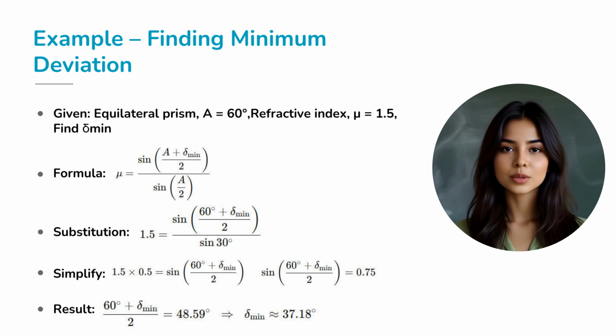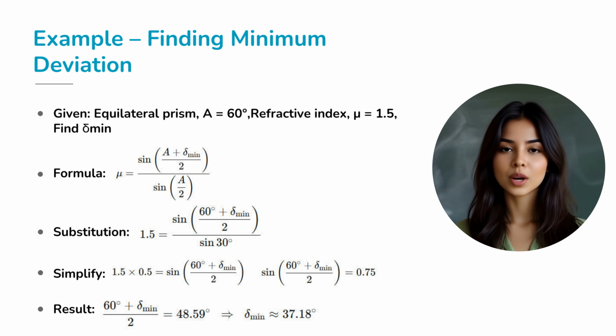We have an equilateral prism, meaning A equals 60 degrees, made of a material with refractive index mu equal to 1.5. We want to find its minimum deviation. We use the formula mu equals sine of ((A plus delta min) over 2) divided by sine of A over 2.